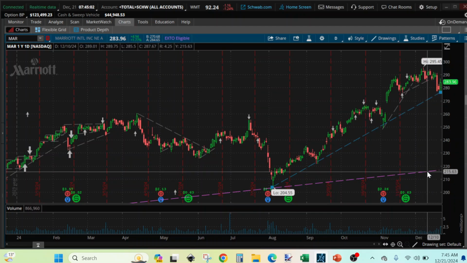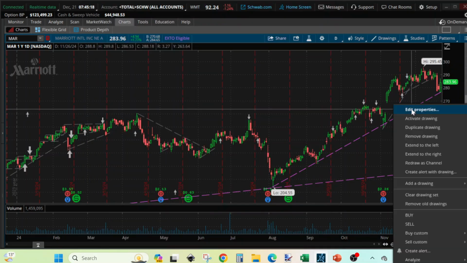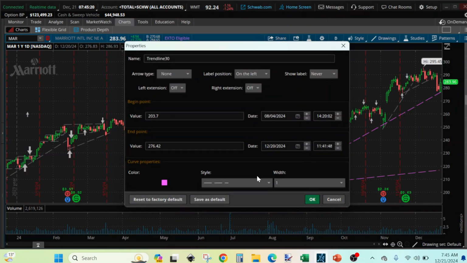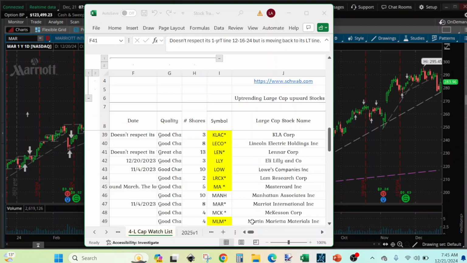I would just prefer to wait on it if I don't have it already in the portfolio, and I do not have it in the portfolio. So I will just wait on it on the bottom line. So at this point, I will turn this line into gray color so that I don't keep comparing it. Okay, and this is the line that I like to aim for to enter.